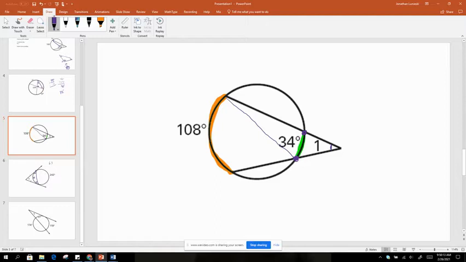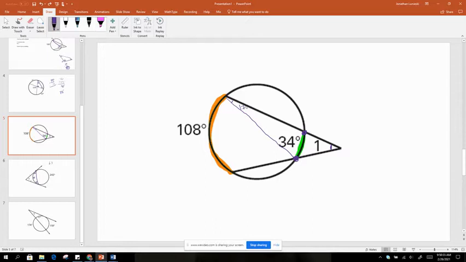So half of 34 is going to be 17 degrees. So this little angle up here is 17. And if you notice, I sort of made a triangle. I'll highlight it in pink. I made this big triangle right here.